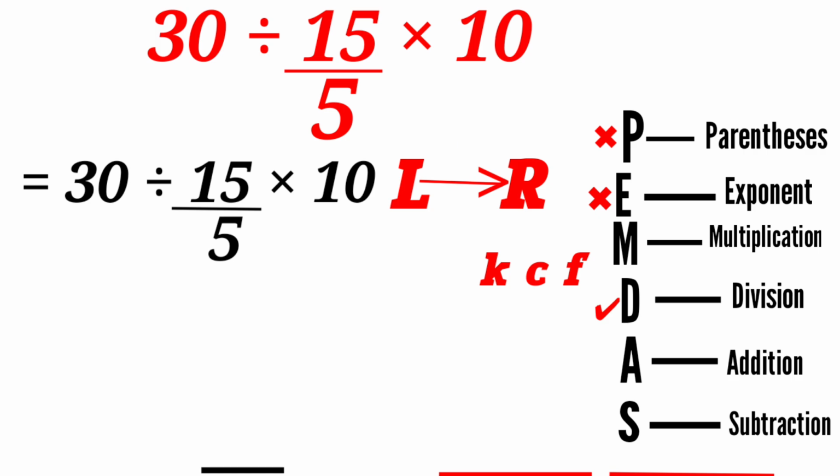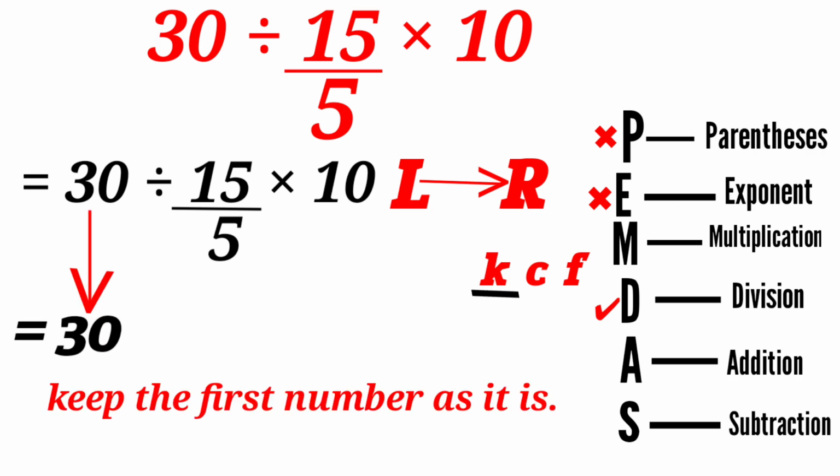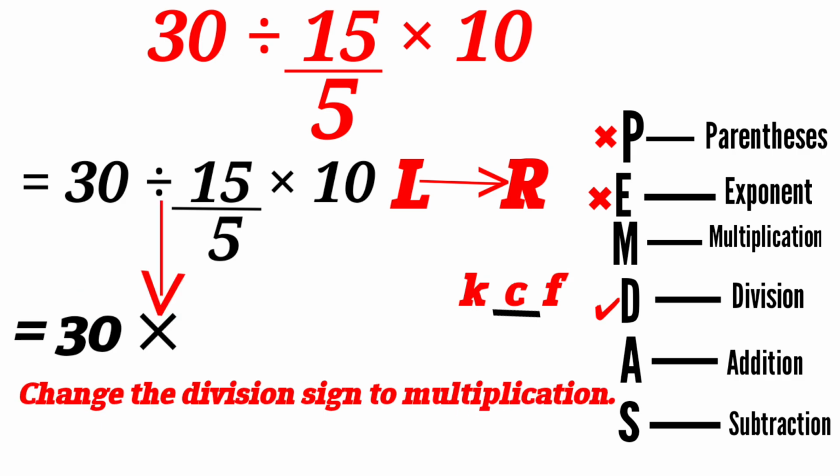Is equal to 30. K stands for keep the first number as it is, equal to 30. Change the division sign to multiplication.